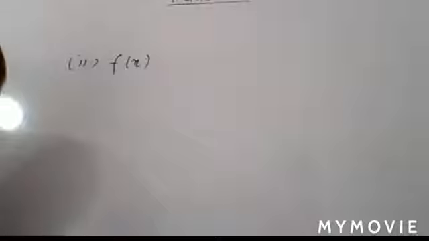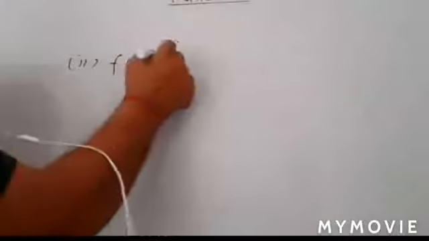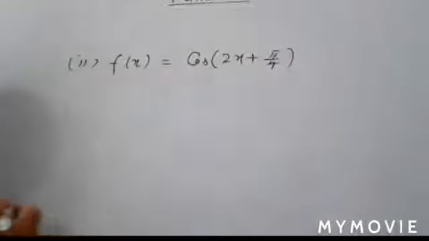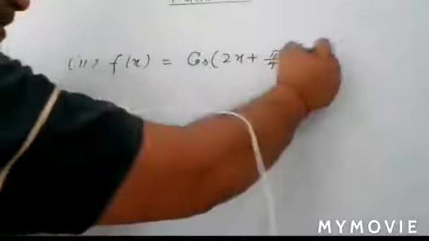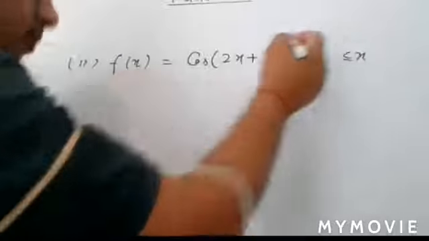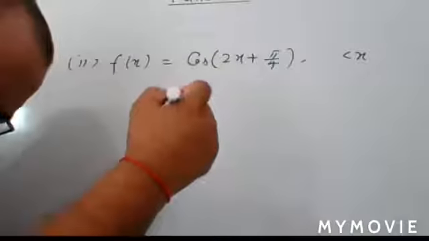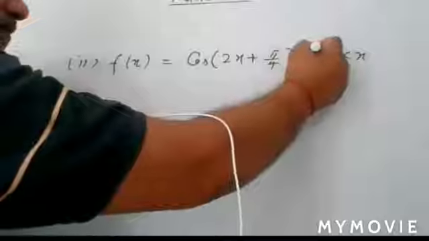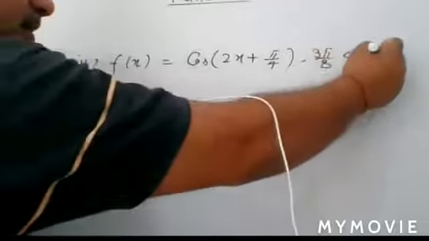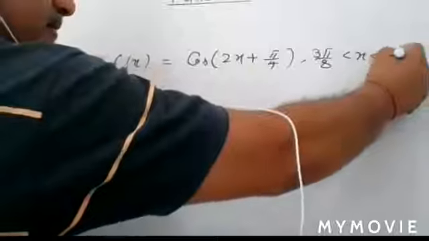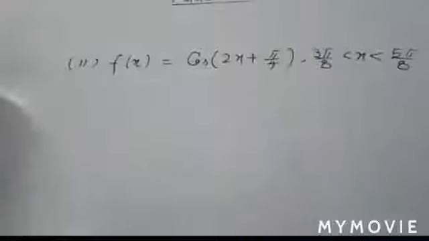Second part, f(x) is equal to cos(2x plus pi by 4), and here it is given x is greater than 3 pi by 8 and less than 5 pi by 8.